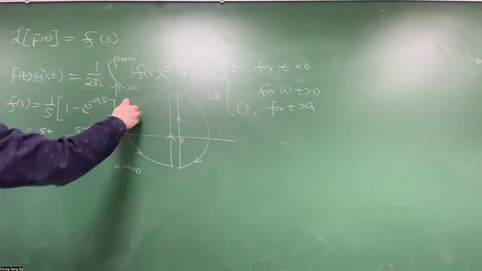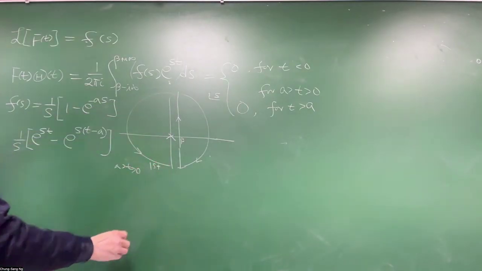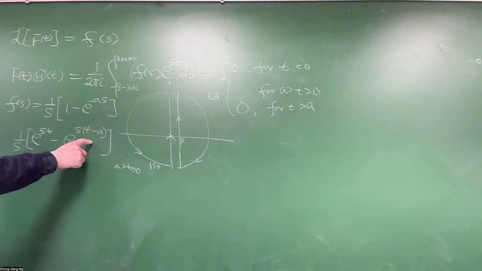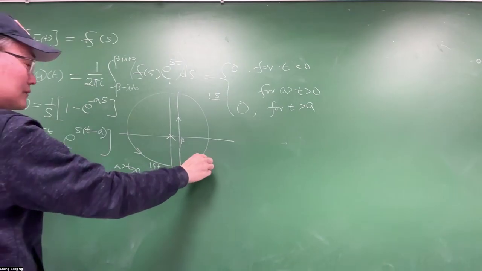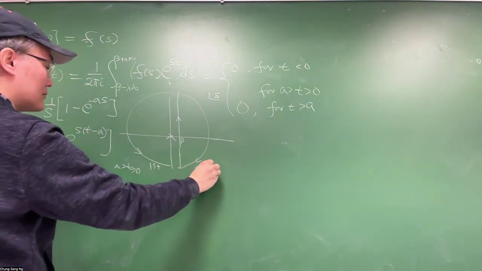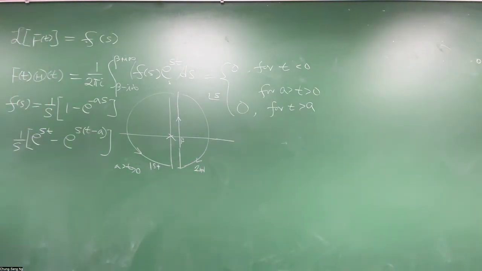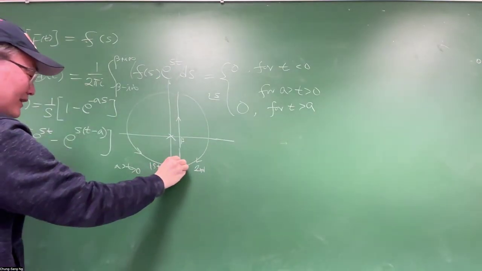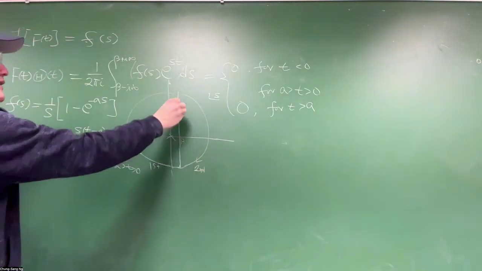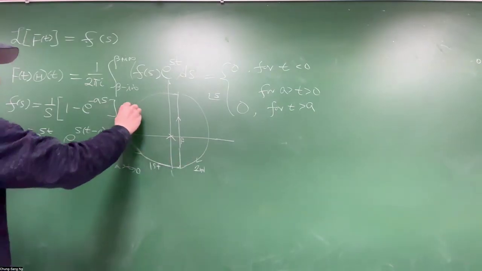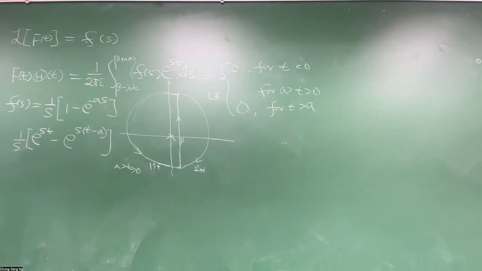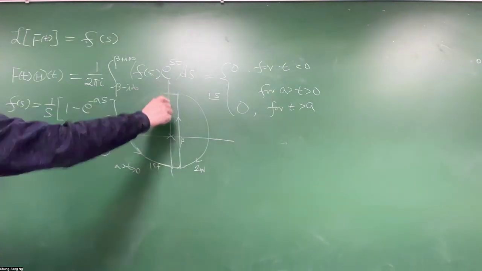The first term you close to the left. The second term is still negative, so you close to the right. For the first term, close it this way. The second term, close it this way. It's a little bit confusing, the graph.